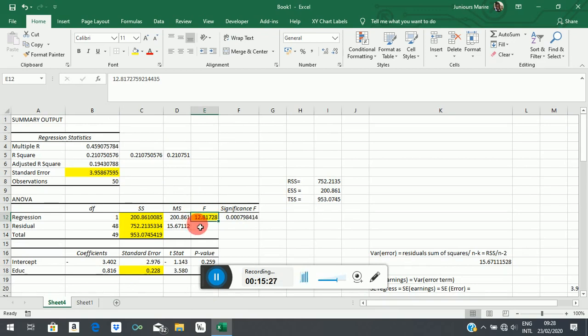So overall, for us to be able to say that, we have to compare what our model explained to what it failed to explain. The bigger that ratio is, the better the model is. So we want what it managed to explain to be far bigger than what it failed to explain. That's the logic behind the F. That's all we have done.